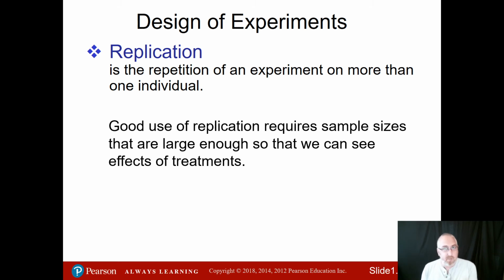Again, we don't like small samples with anything. If you have too small a sample, you're really not going to get a broad spectrum of results or repeating results that shows you that you actually have something worthwhile to share. So replication is definitely a good aspect of design for experiments.